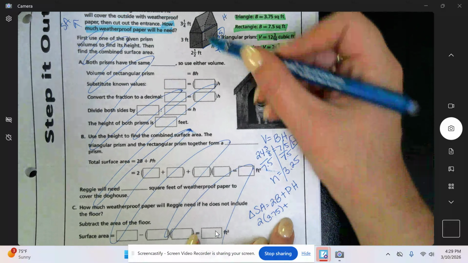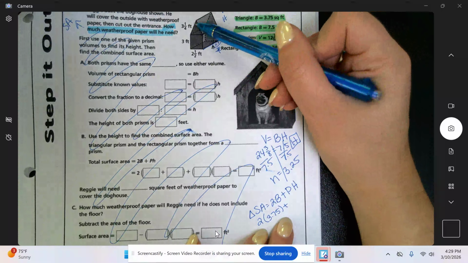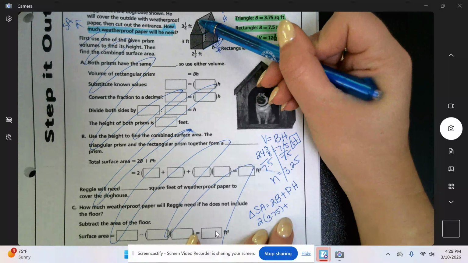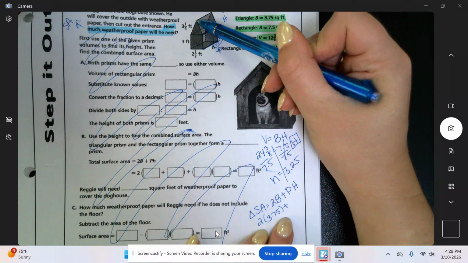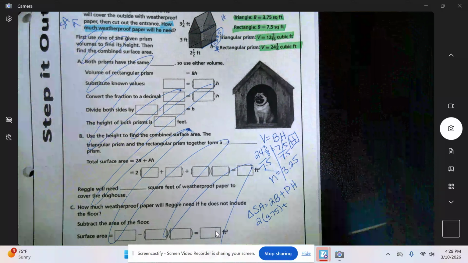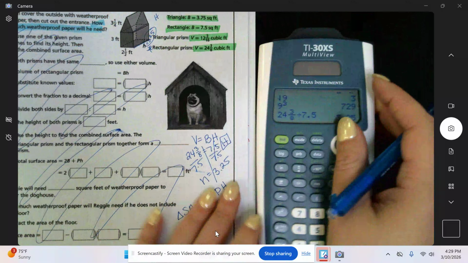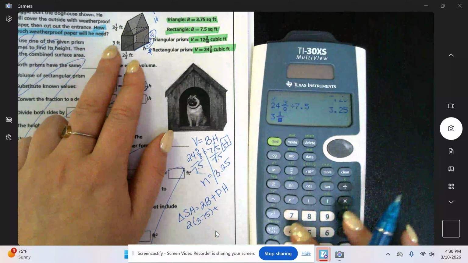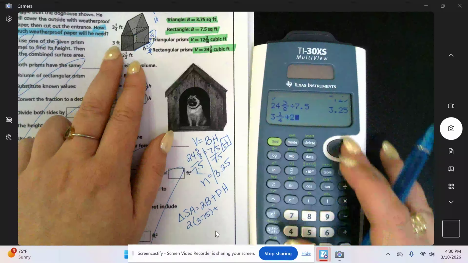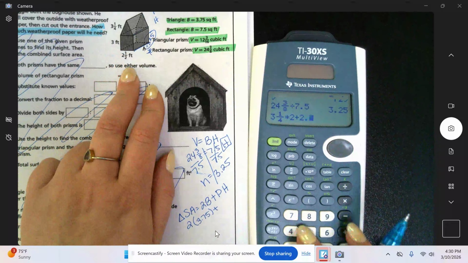So if I come over here to the picture of my triangle and I walk my triangle, I go 3 1/4, 2 1/2, 3 1/4. I need to add that together. So for my perimeter, I've got 3 1/4 times 2, because there's 2 of those, plus 2 1/2.